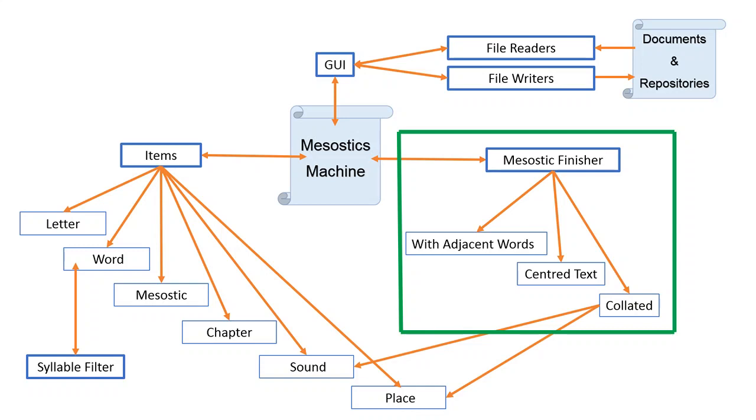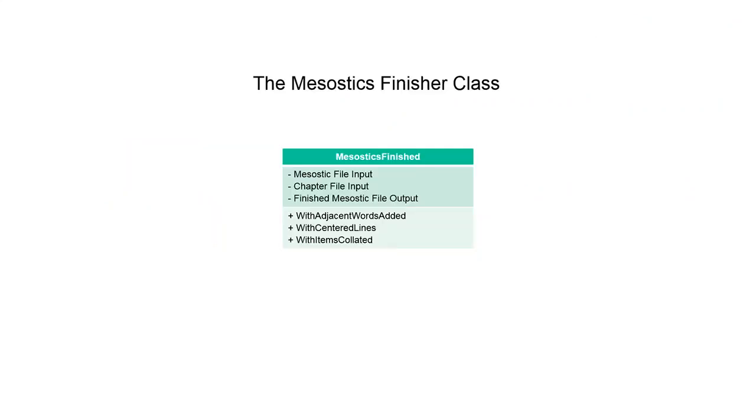And then we can create additional useful objects for the sound engineer which collate by their index within the chapter the sound words and the place words into the Mesostics file so that the sounds and the places are located in relation to their appropriate location in relation to the Mesostics words that are used.